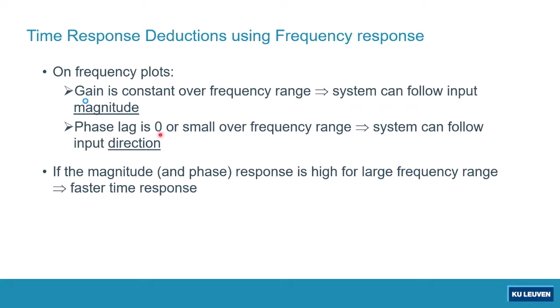So once more again, if gain is constant over a certain frequency range, that means the system can follow the input magnitude all over this frequency range.